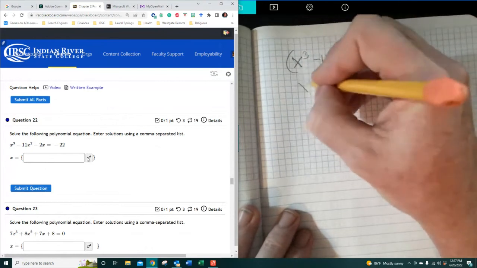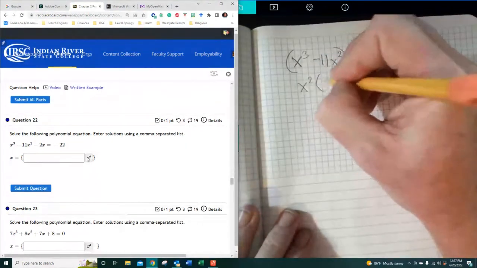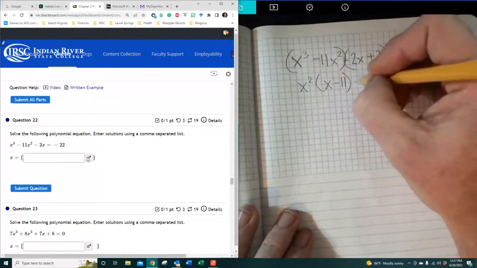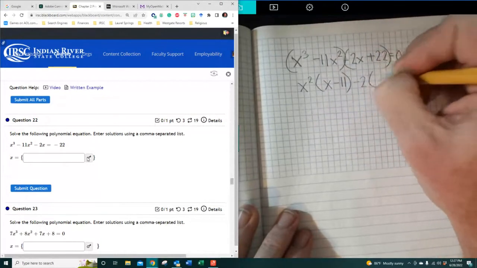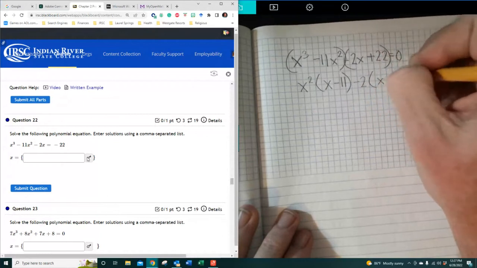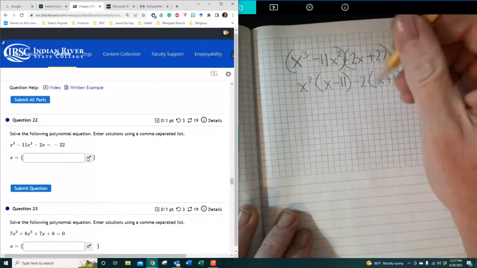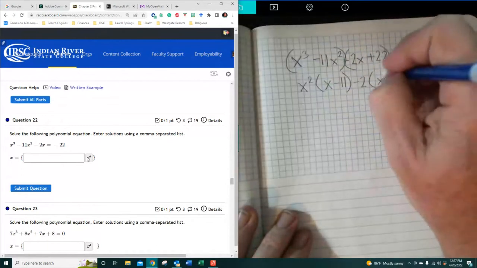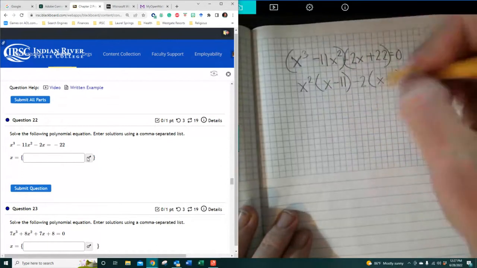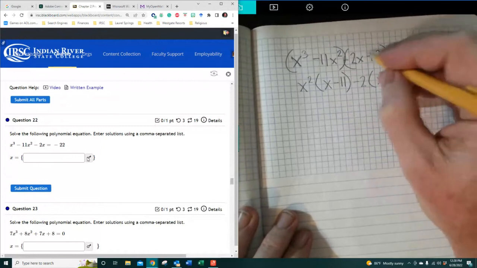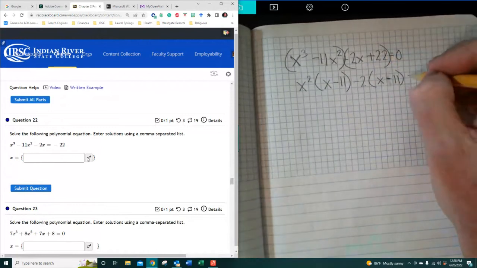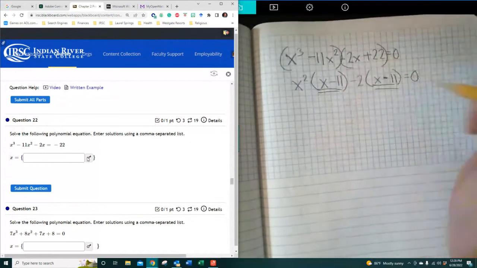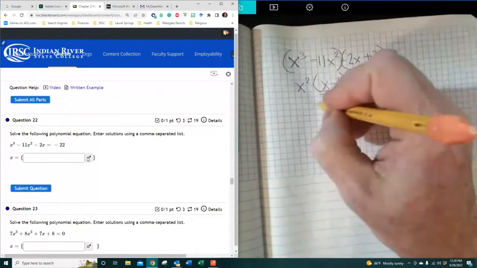By grouping this together, I'm going to get x squared, x minus 11. And then I'm going to factor out a -2, and I'm going to get -2, plus 11 over here. Excuse me, that's a negative. I was looking at something else while I was writing. So then that's negative because I'm factoring a negative. And then we see that these are the same, and we bring these together.